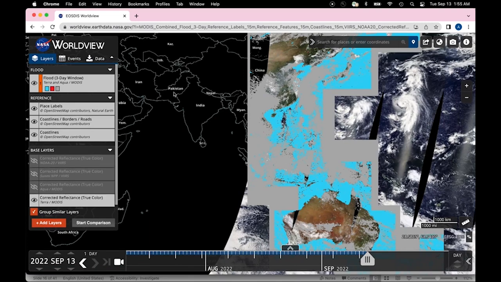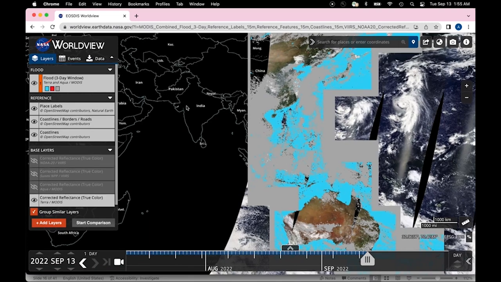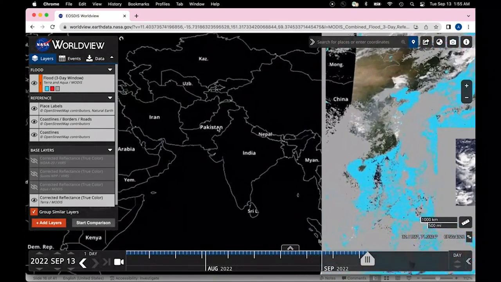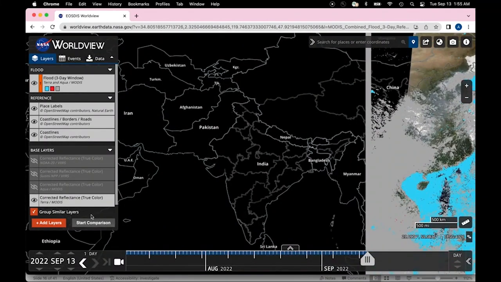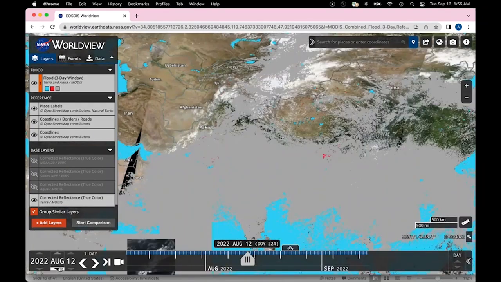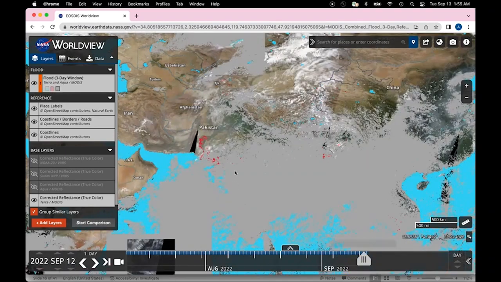So let us look at some recent floods. We know that Pakistan had a devastating flood very recently, end of August to early September. So this is the timeline, and you can pick days, or even change months if you like. But let's look at the recent flooding.